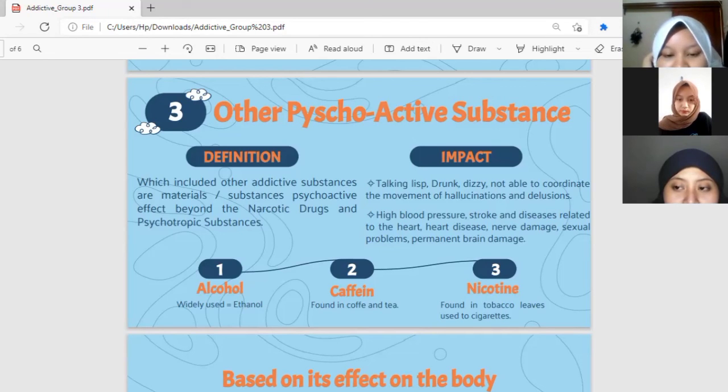We must know that caffeine is found in coffee and tea, and it can improve brain performance so that we cannot get sleepy easily. And the last is nicotine, which is found in tobacco leaves used for cigarettes, and it can cause dependence.